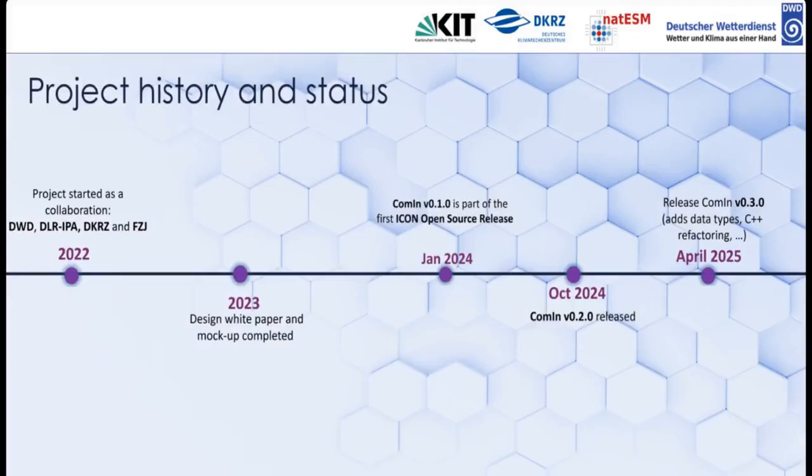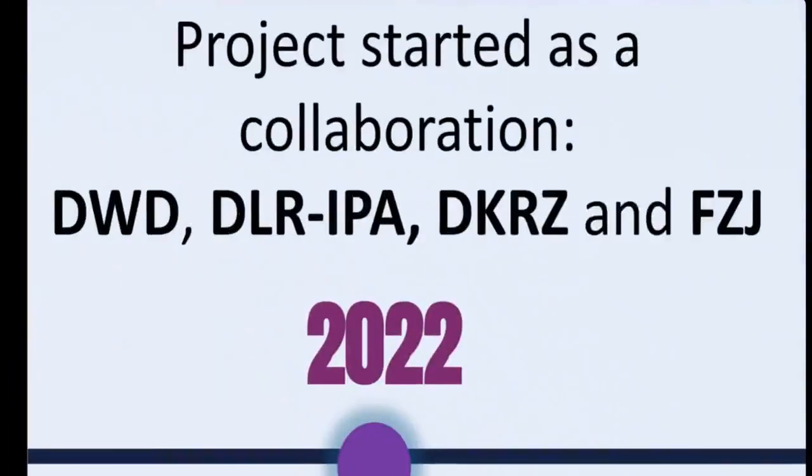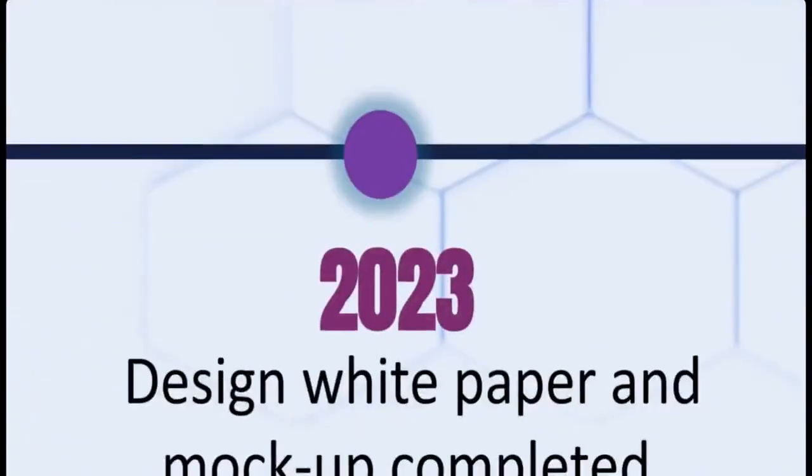Some words about the project history and its status. ComIn started as a collaboration between DWD, DLR, DKRZ, and FZJ in late 2022. Then in 2023, the first steps were to design a white paper and build a mock-up.